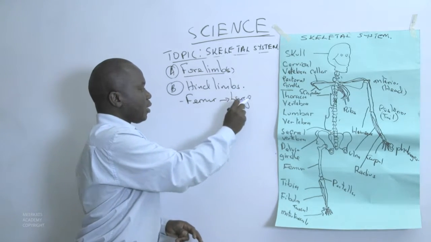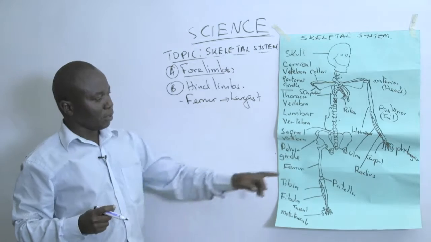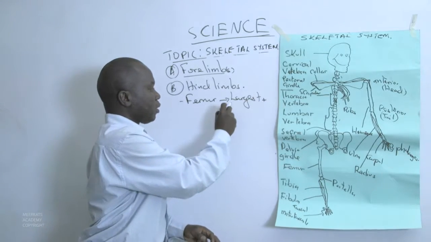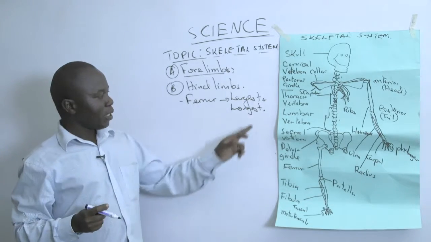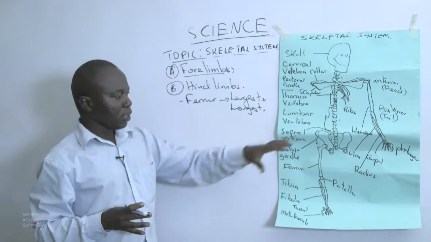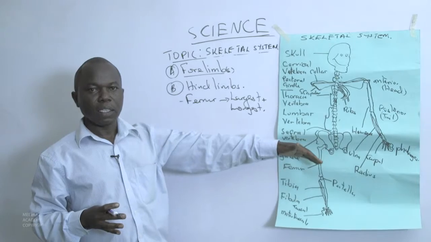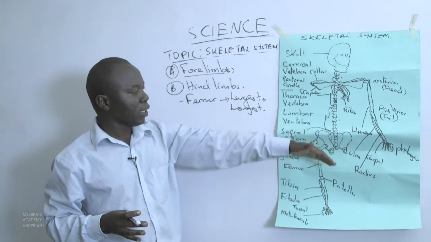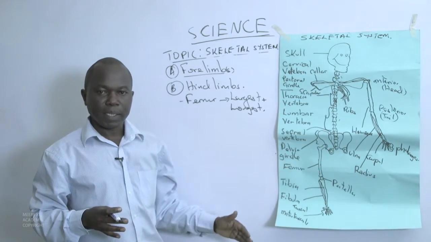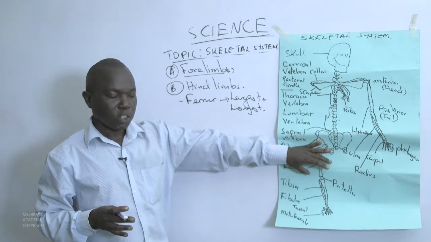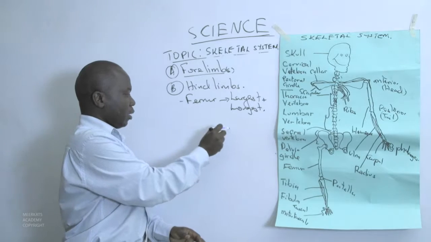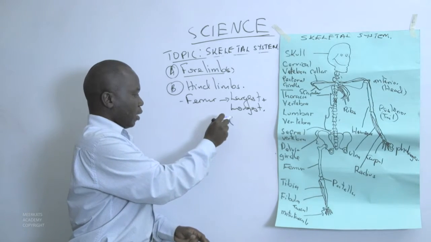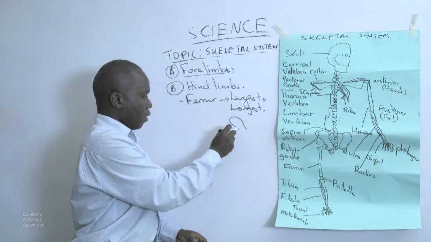In fact, it is the largest and the longest in the body. Why is it large? Because it is the one that holds nearly the weight of the rest of the body parts. Therefore, it has to be strong. Again, it has several parts, just like the humerus.